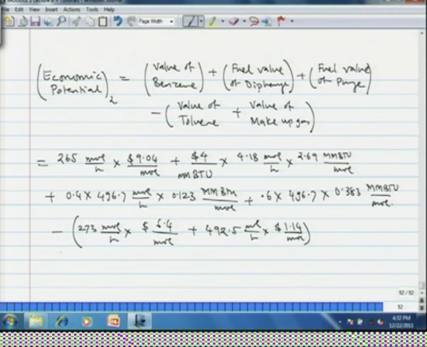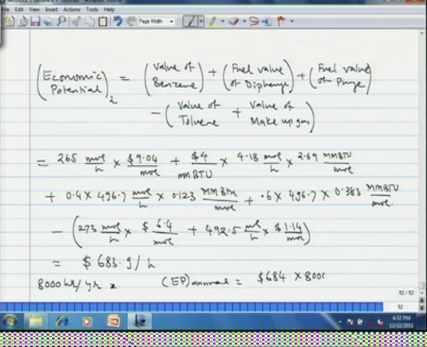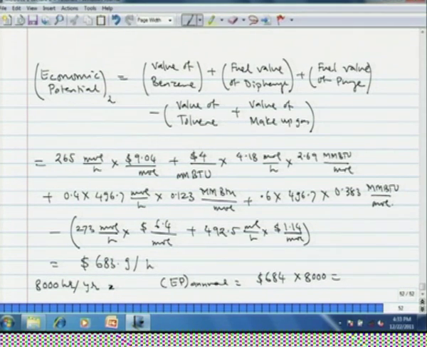If you do this, then you get the economic potential as $683.9 per hour. Then assuming 8,000 hours per year, the total annual economic potential will be 683, or you can take 684, into 8,000. That turns out to be $5.46 million.